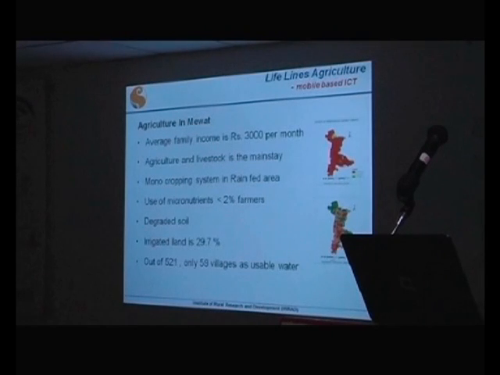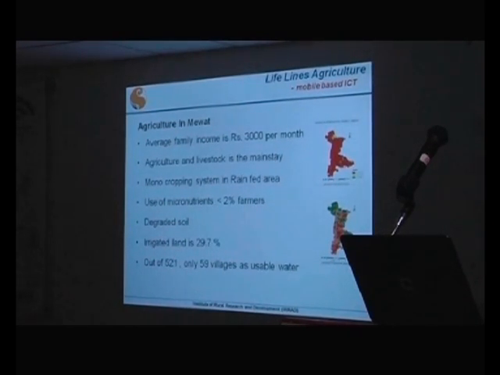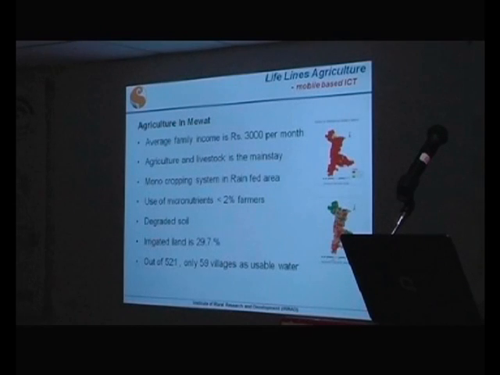If you see the agriculture situation in Mewat, the average family income is around 3,000 per month, whereas agriculture and livestock is the main source of income for the majority of the population in this area. It's a rain-fed area, so a monocropping system is followed. There is only the possibility of one crop, and a second crop is available only where water is available in some parts of the region.